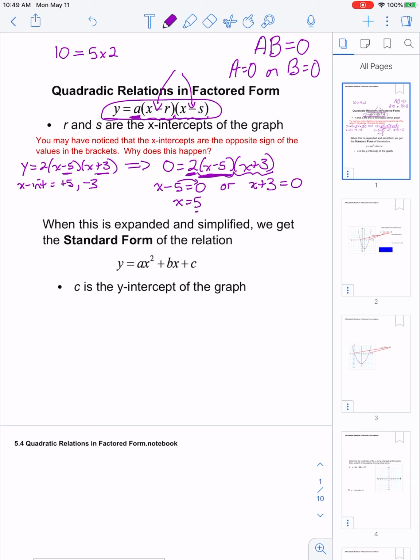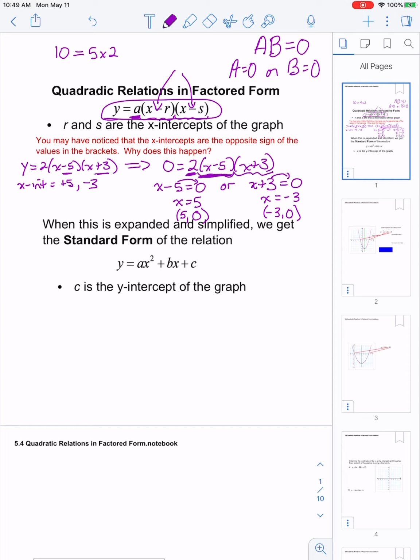So when x equals 5 here, that corresponds to the x-intercept (5, 0). And similarly for x plus 3, when you bring the 3 over to the other side to solve, x would have to equal -3. That corresponds to the x-intercept (-3, 0).